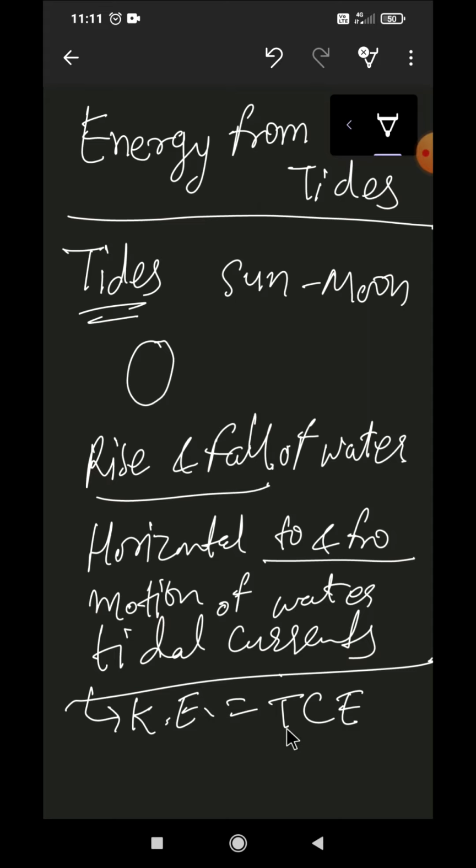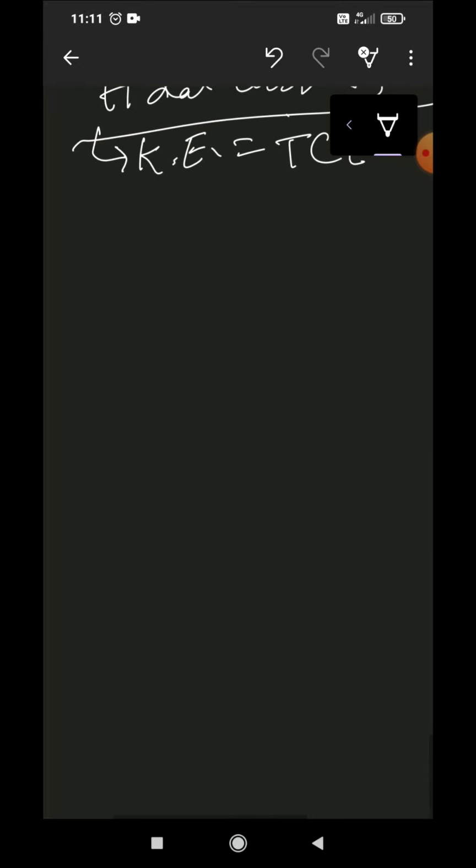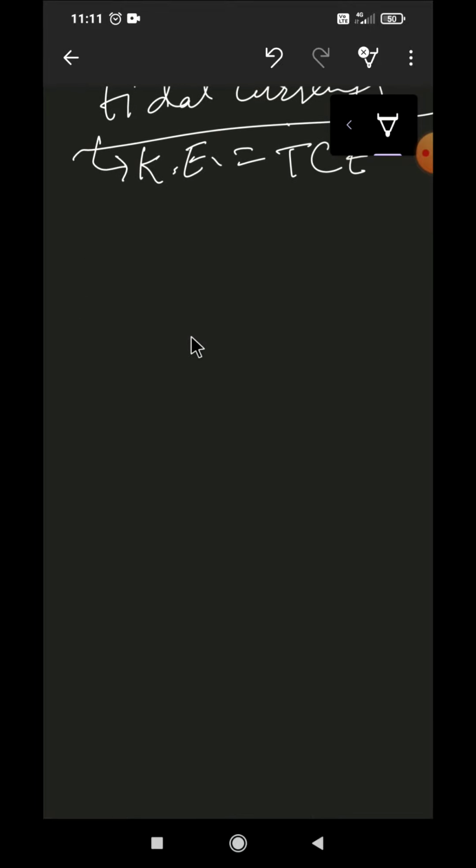The period between consecutive high tides is 12.5 hours. That is, if there is a high tide, then after 12.5 hours we will again have a high tide.